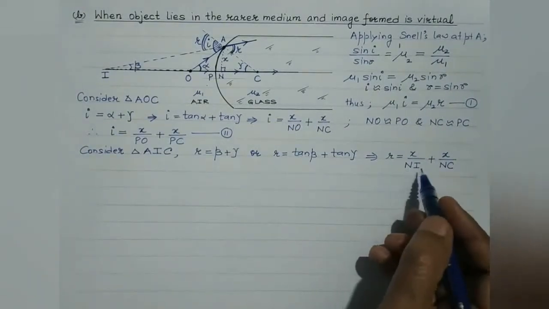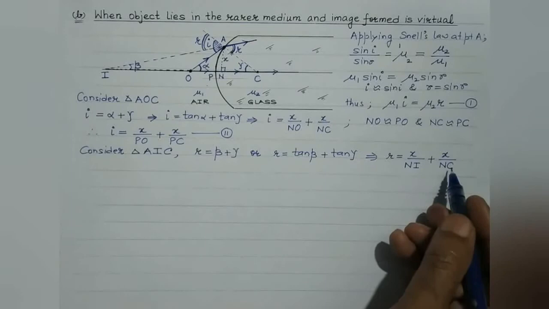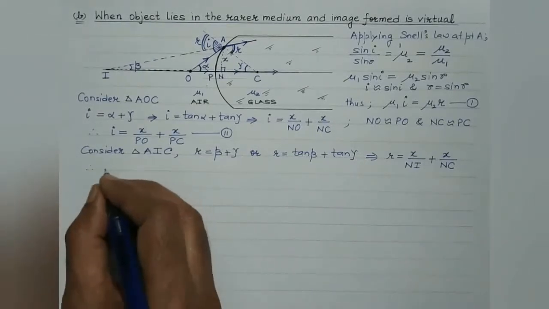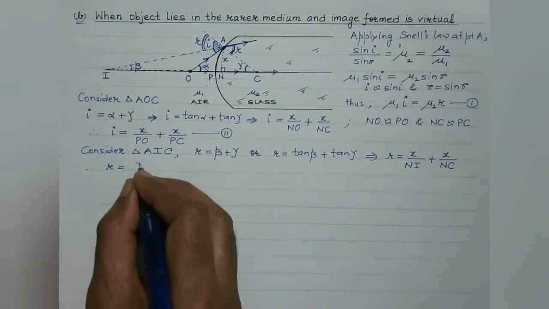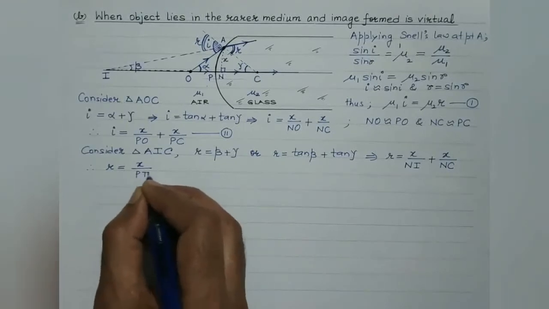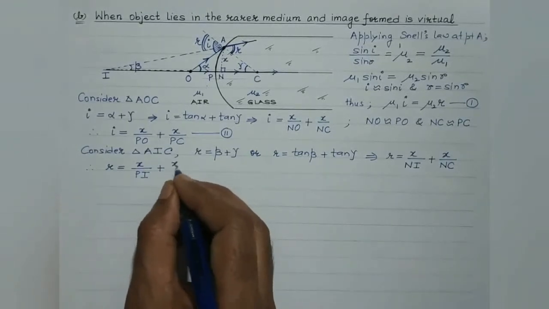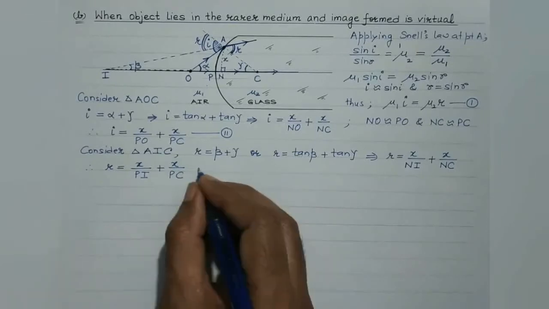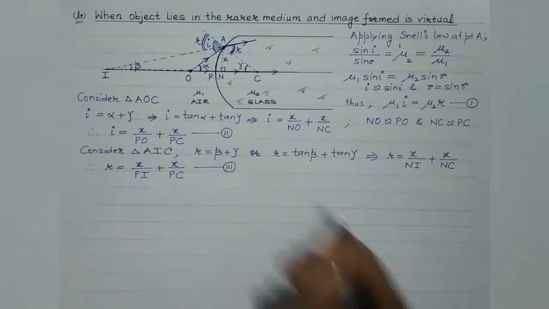Now NI may be written as PI, NC may be written as PC, isn't it? Therefore, r would be given by x over PI plus x over PC. Put this as equation 3.